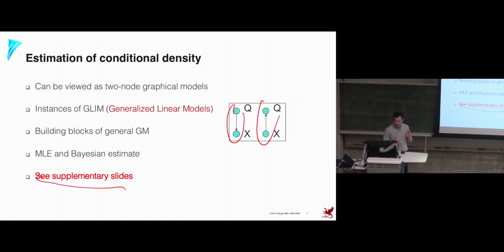So the purpose of this class is to give you not just discussions on specific instances, but to give you some kind of a bigger picture about what is the generic rule or the patterns of such estimations, and then how you can in the future reproduce or reuse this kind of technique for other models.